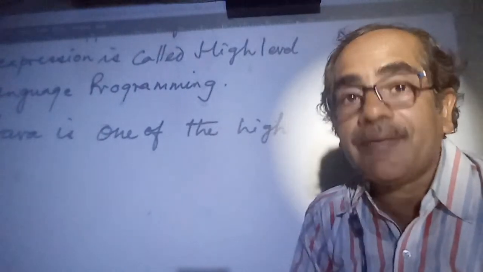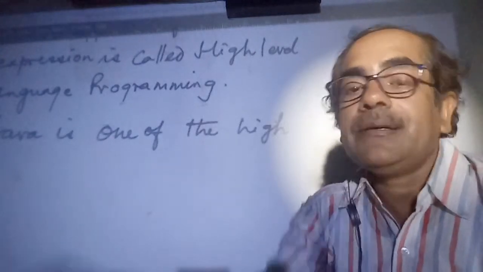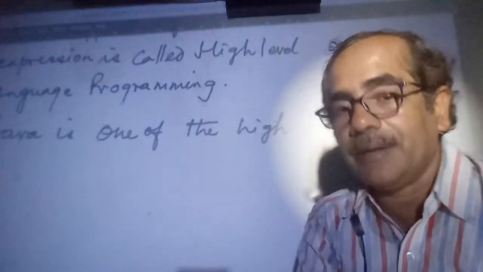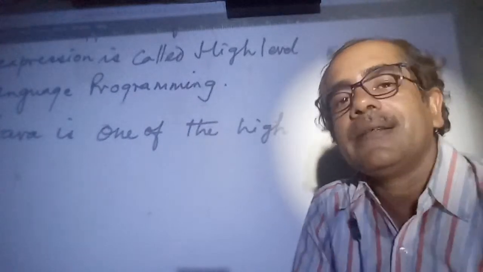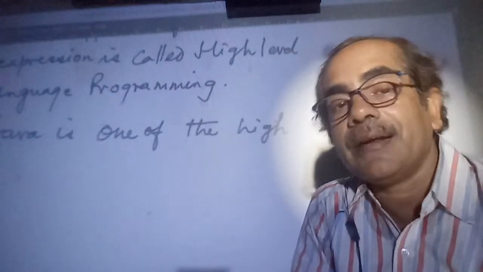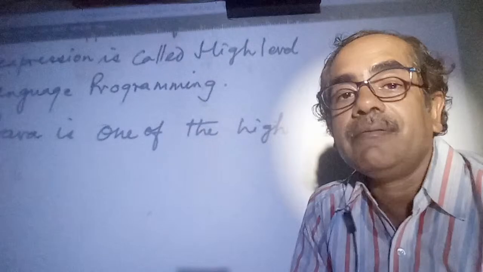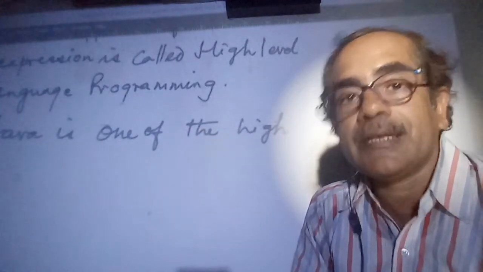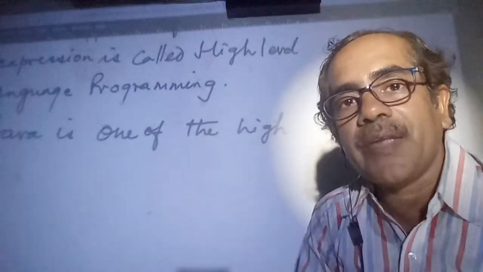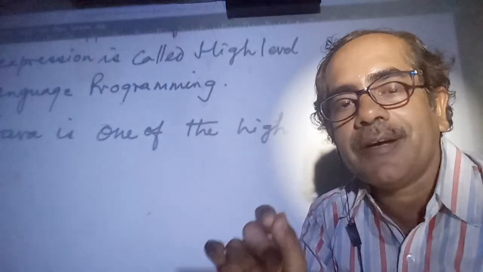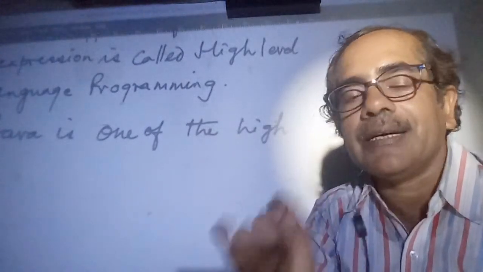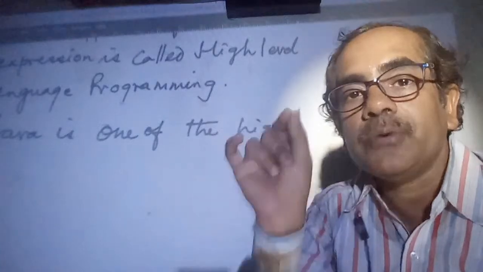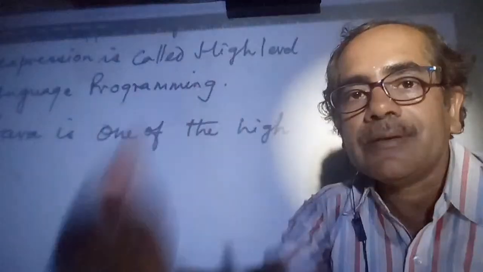And if it has an error, a message comes on the screen that this line has an error, correct it first, then further execution will continue. But one thing is that whenever you need to work with that high level language program, you need that interpreter sitting or working in between.